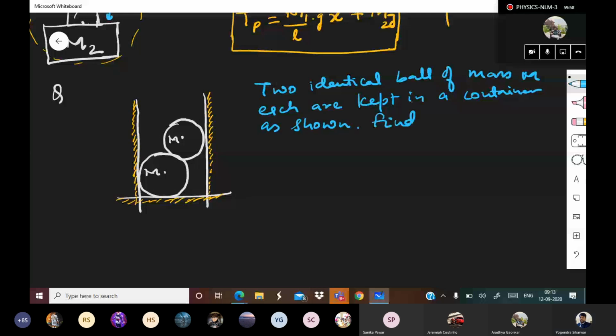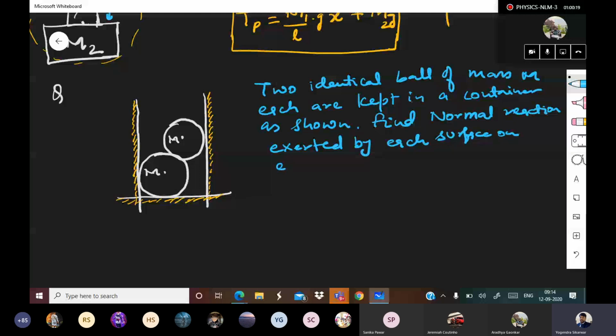Find normal reaction exerted by each surface on each ball. Okay, so basically we have surface 1, surface 2 and surface 3.